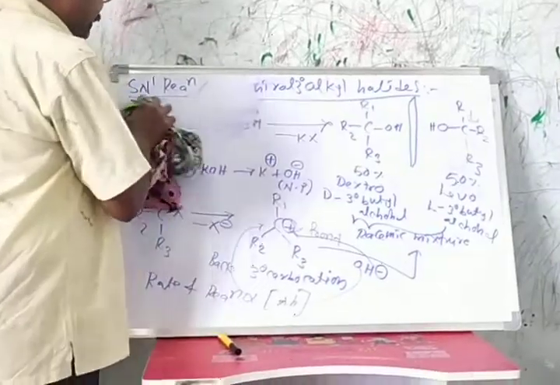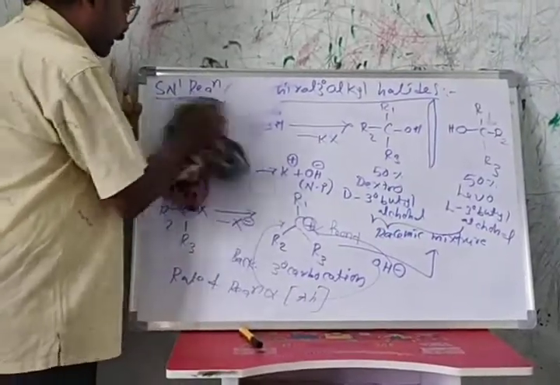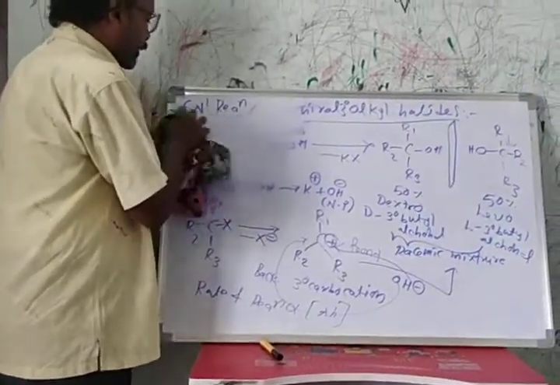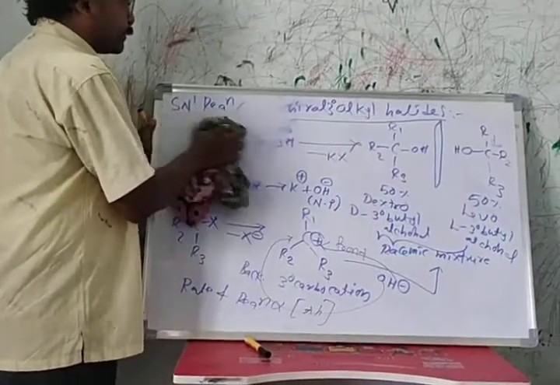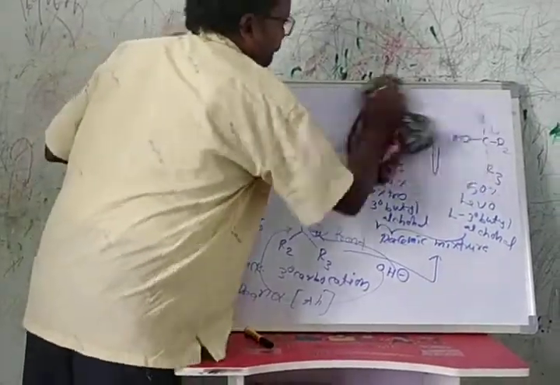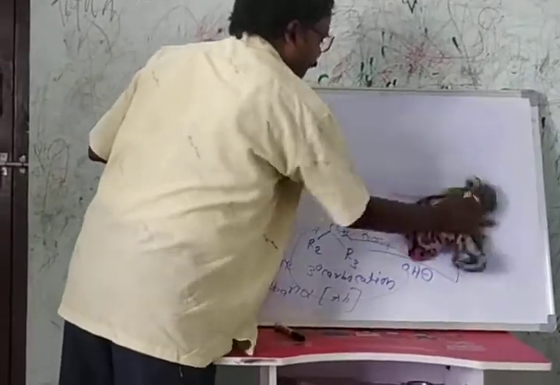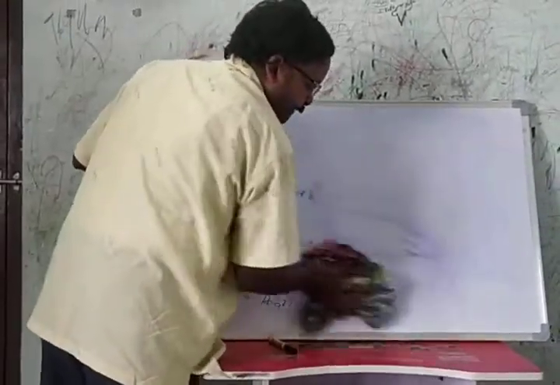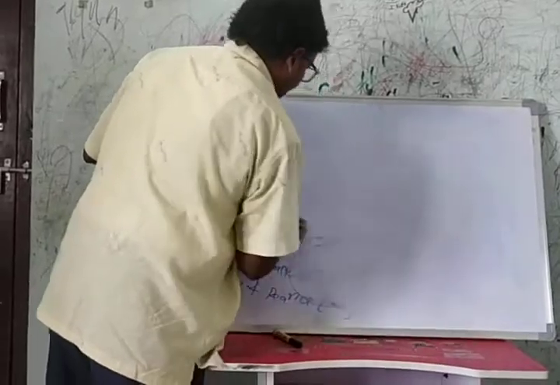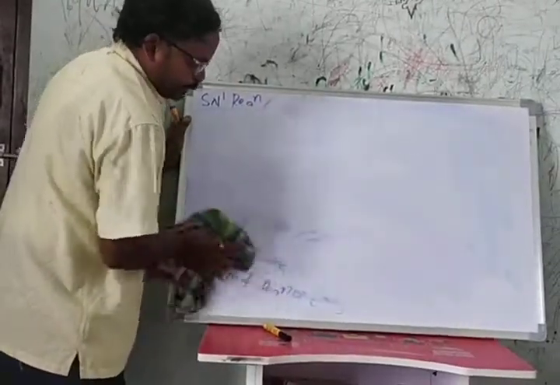In continuation, we will see the SN2 reaction. SN2 means bimolecular nucleophilic substitution reaction. The 2 means bimolecular, N means nucleophilic, S means substitution.